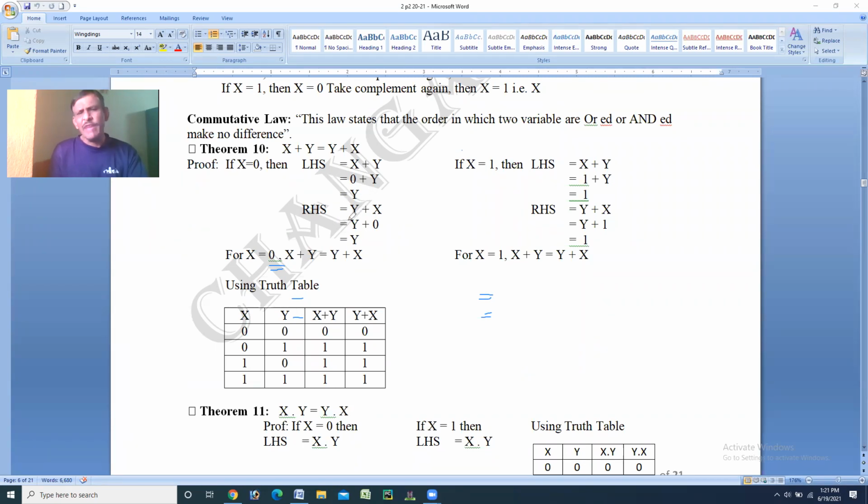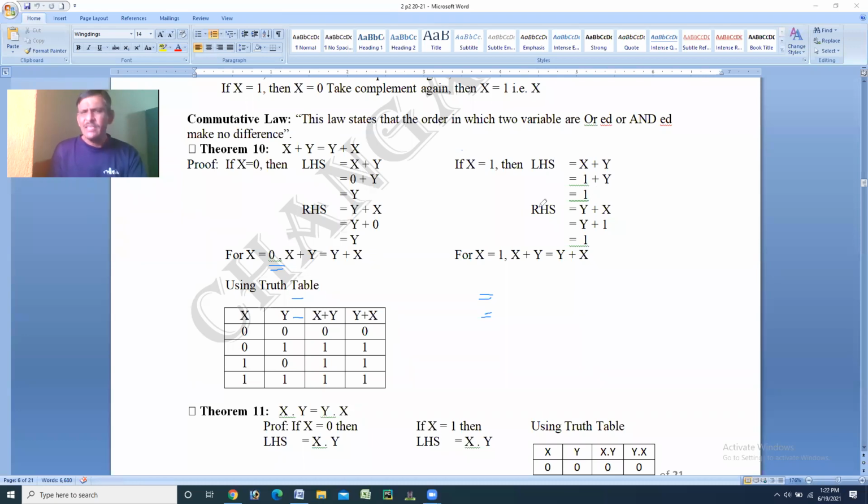In the same way, if x equal to 1, then take the LHS, x plus y. LHS is equal to x plus y. Substitute the value of x as 1. So that is 1 plus y. So 1 plus y is nothing but 1, by theorem again, 1 plus y is equal to 1.